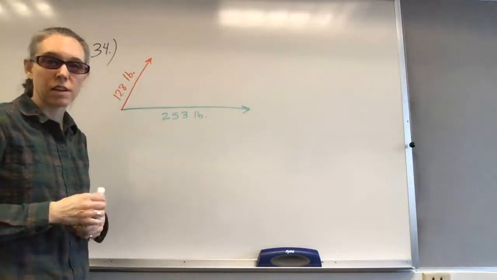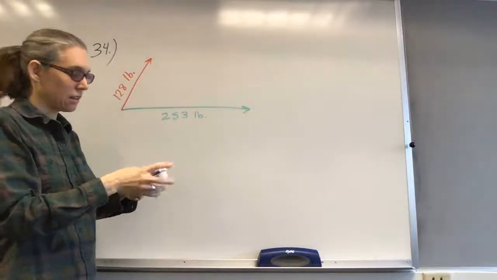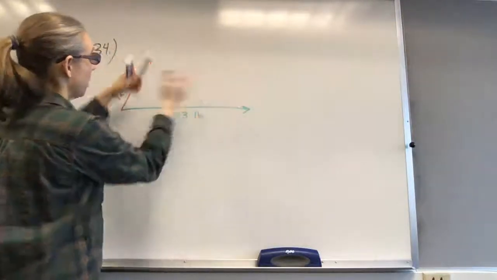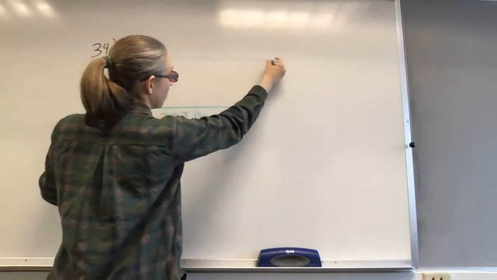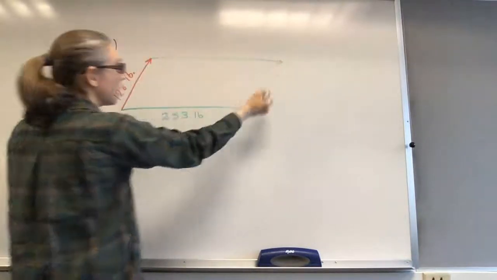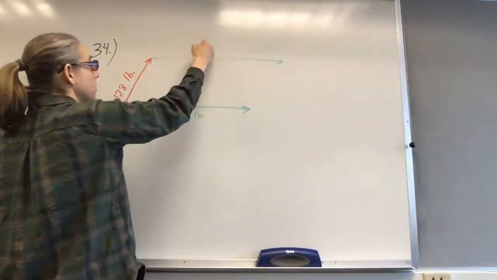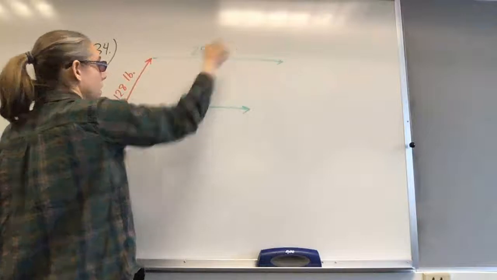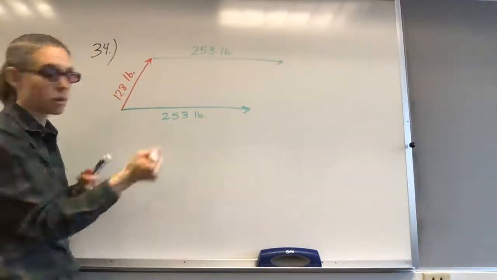Next, we're going to find the whole parallelogram by connecting lines that are parallel to these lines. So this one right here is going to be parallel and with the same length. So this would also have to be 253 pounds. And then we have this other side. The opposite sides of a parallelogram are congruent.